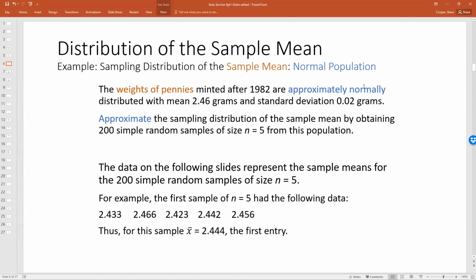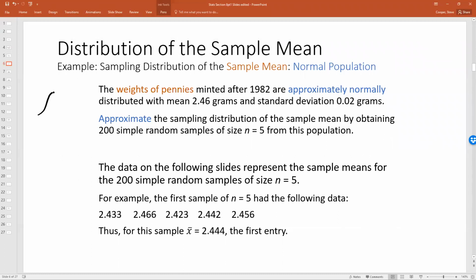They're understood to be approximately normally distributed, and the mean of that distribution is 2.46 grams, and the standard deviation is 0.02 grams. Right now we're not talking about a distribution of sample means, we're talking about a distribution of penny weights, and it happens to be a normal distribution with a mean of 2.46 and a standard deviation of 0.02.